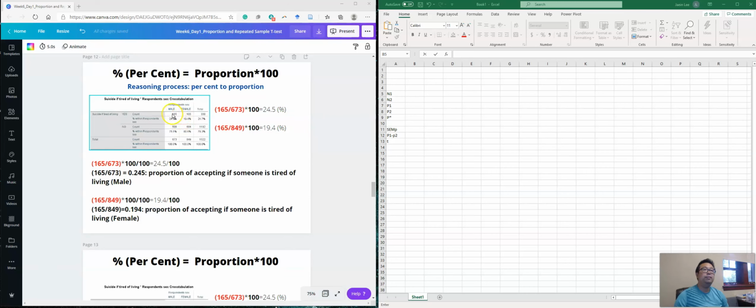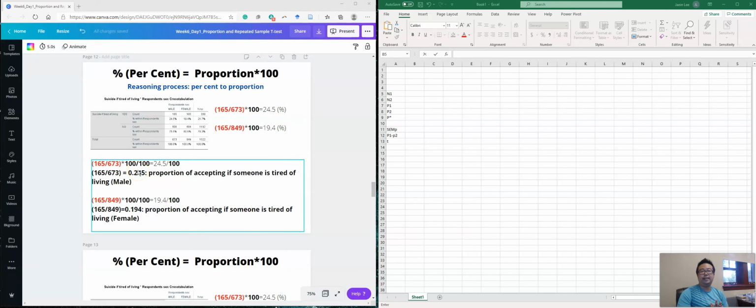That is the proportion of answering yes among the males out of the total male sample size. So 165 divided by the number of cases of the male sample, multiplied by 100, will be 24.5%. Same with the female side.